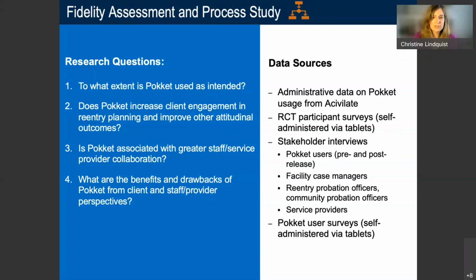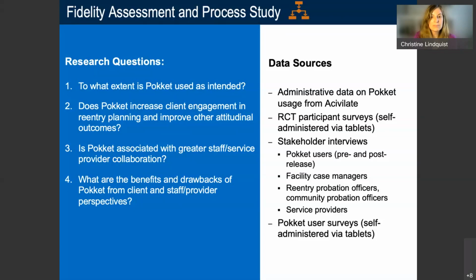In terms of data sources, we are receiving very detailed administrative data from Assimilate on Pocket usage, and I'll show you a sample of this in just a minute. We're also able to field 2 waves of web-based surveys to all treatment and control group members through the APDS tablets. And these surveys primarily focus on clients' engagement with their reentry planning and their preparation for release.